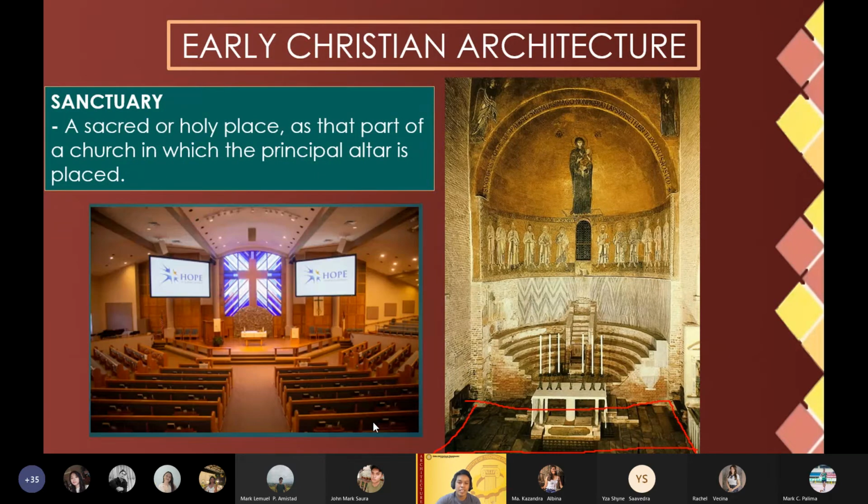In modern church designs, ingani na siya forma. So naa ang sanctuary, kani nga portion. Okay. So again, dali ra ma-remember, sanctuary, nagatong altar. O asa located ang imong altar, the principal altar, that's what you call the sanctuary.